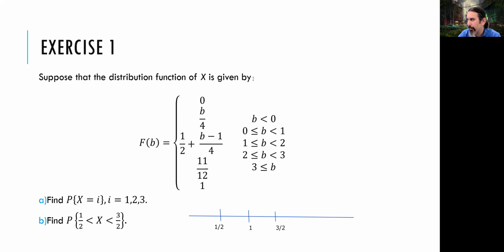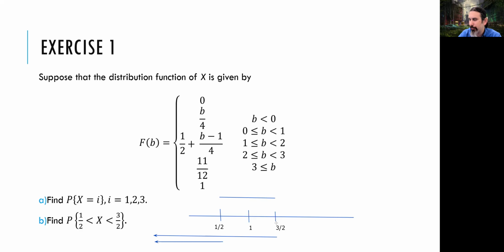Now, when we are talking about between 1 over 2 and 3 over 2, let's do it like this. We are talking about this part, okay? We are looking for this part. But we can also use this one. Now, if I want to find this one, I know that there is a cumulative distribution function for 3 over 2 and 1 over 2.